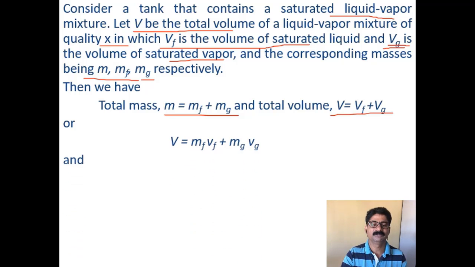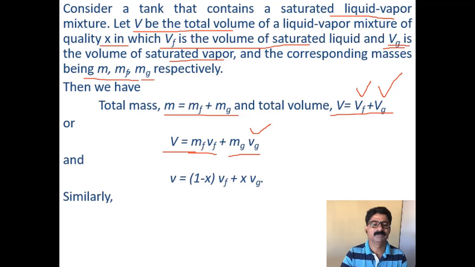Now this capital Vf can also be expressed as Mf into vf, and capital Vg can be expressed as Mg into vg, so that total volume you can express in terms of mass and specific volume of liquid as well as specific volume of saturated vapor, because specific volume is volume per unit mass. So vf is meter cube per kg, so into mass of saturated liquid, it gives the capital Vf. Similarly Mg into vg gives the capital Vg.